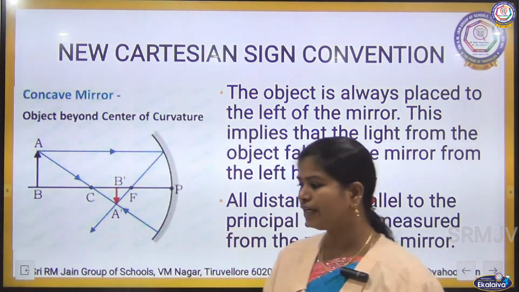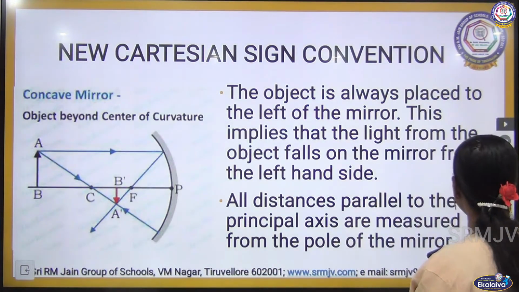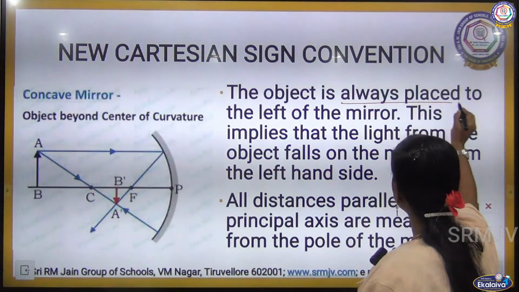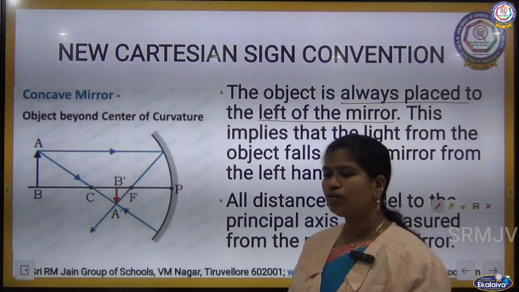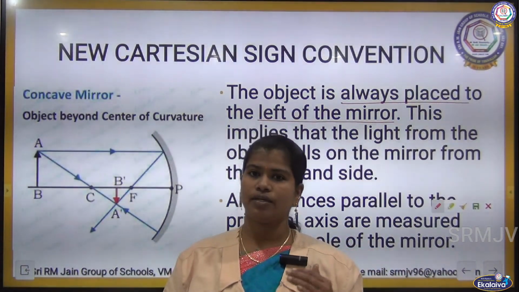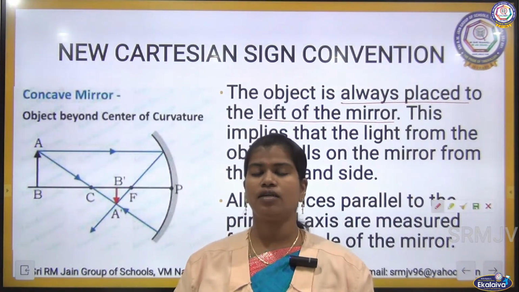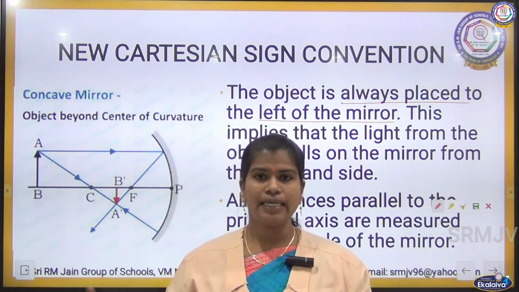Okay. So, the very first rule of a sign convention is the object is always placed to the left of the mirror. You could have seen that when we are drawing the ray diagrams in concave as well as convex mirror, we placed all the objects at the left side.